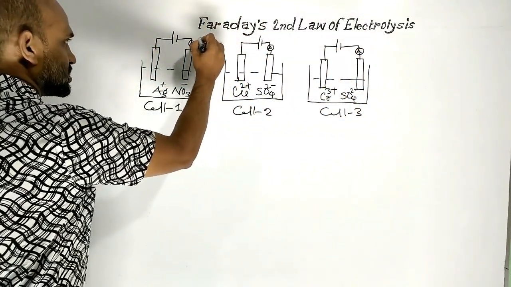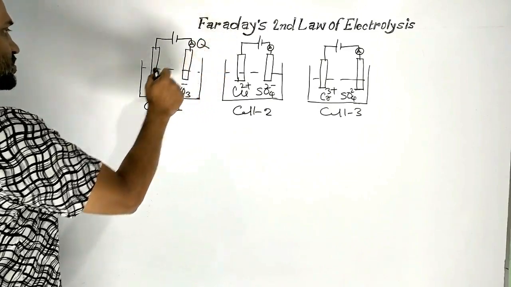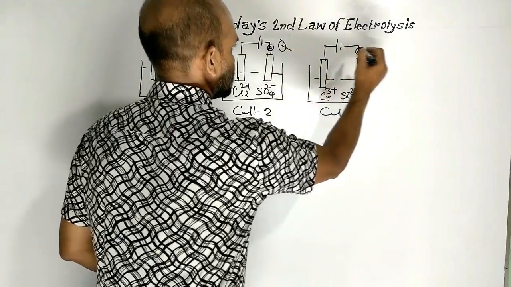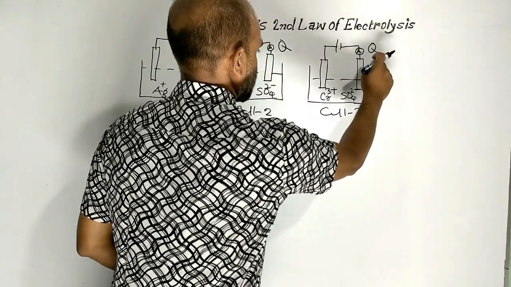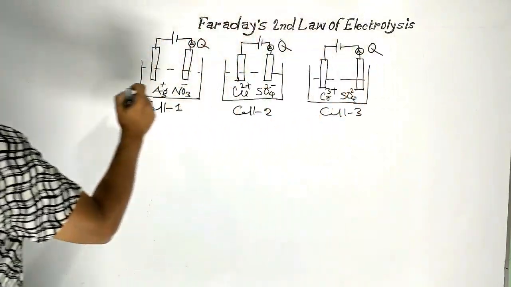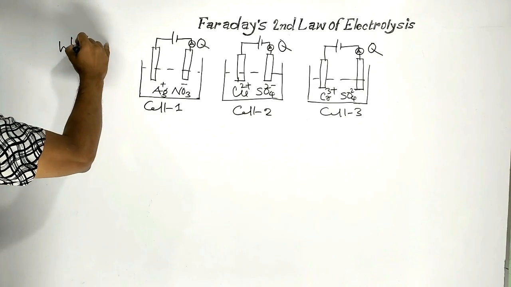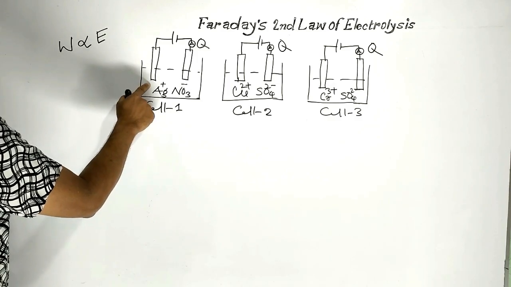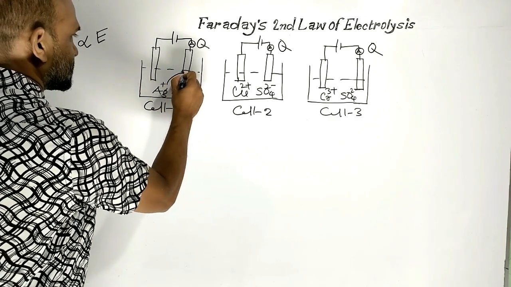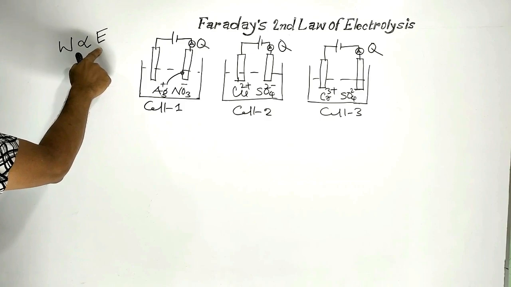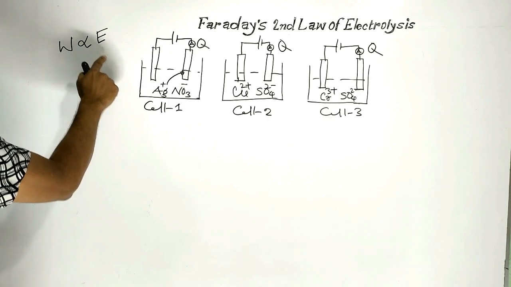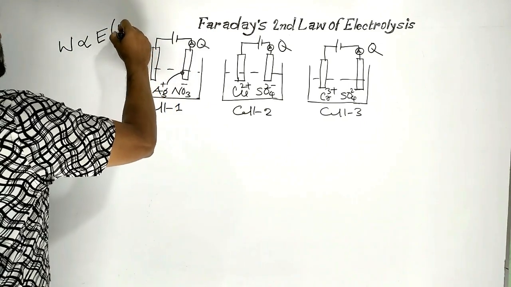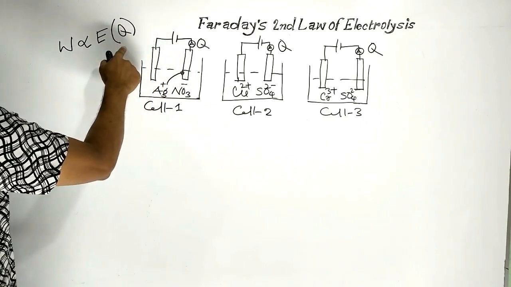Here, the current passed through it is Q. Suppose the same amount of current, then let us try to prove that the amount of substance dissolved from the anode or deposited at the cathode will be directly proportional to the chemical equivalent of these elements when the amount of current passed through it is constant.